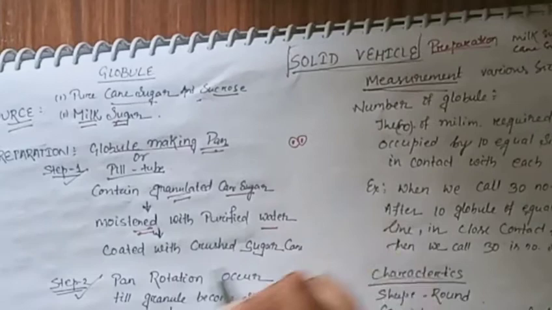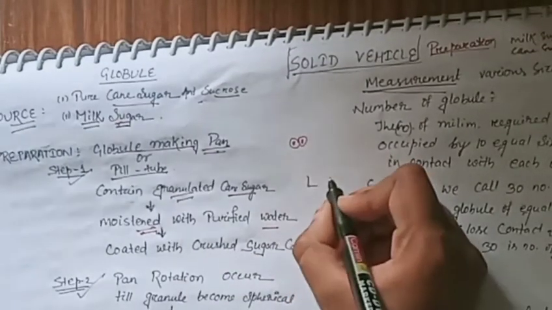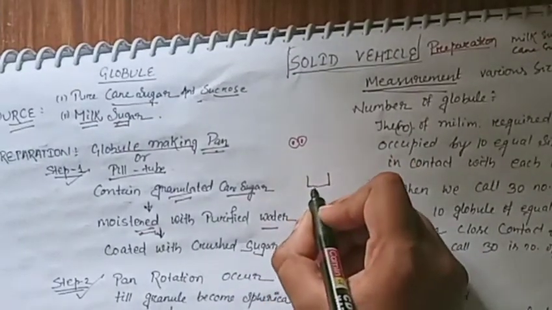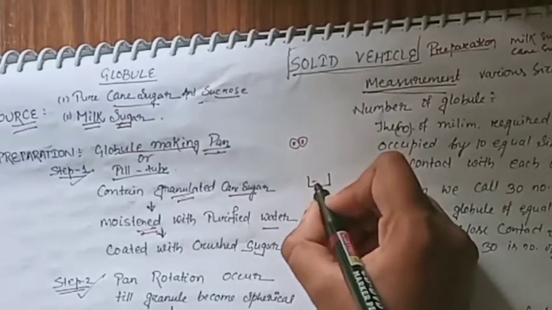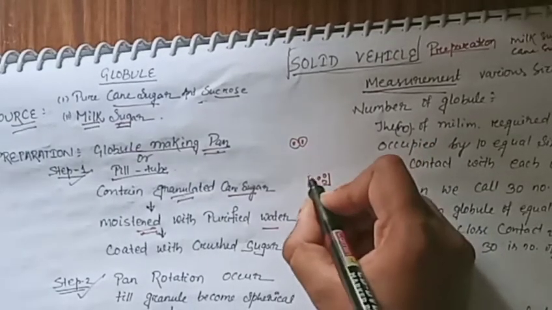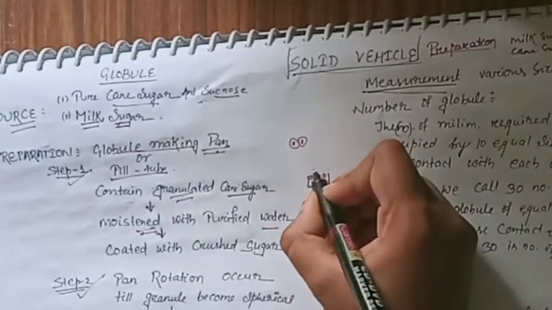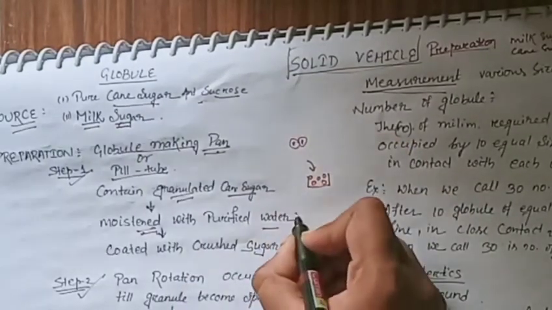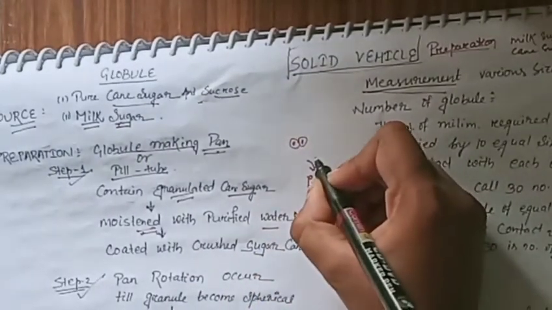For example, this is our globule making pan. With it we add small granulated cane sugar. Then we add our purified water.